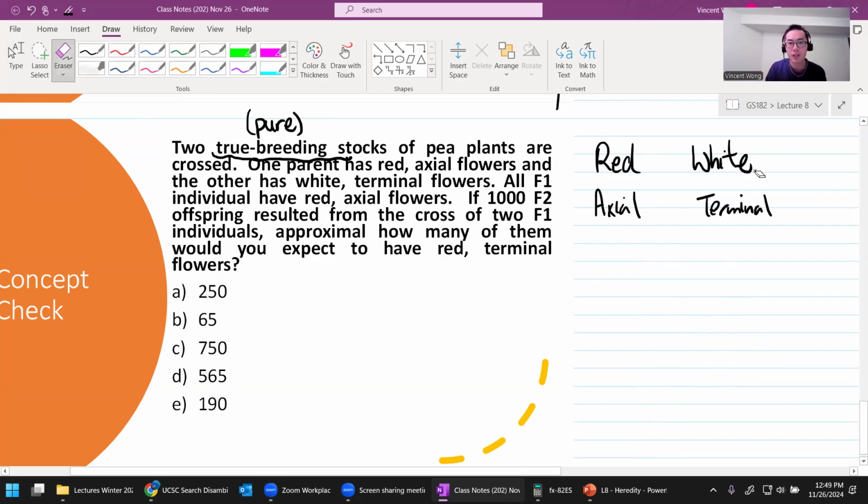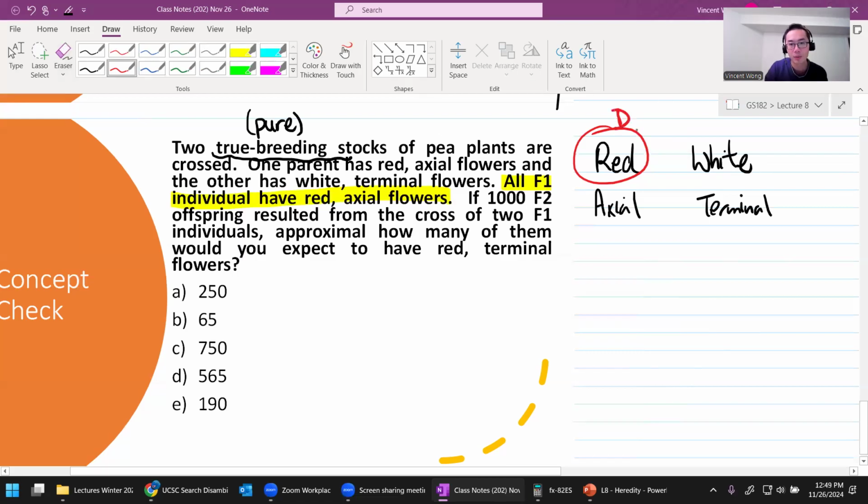All right, so we don't know which one is dominant, which one is recessive, which is why we have to look at the F1s. Remember the mouse thing I did with you guys last time? If the parents are pure, all you have to do is look at the F1s to figure out which trait is dominant. So all the F1s are red, which means red must be dominant.